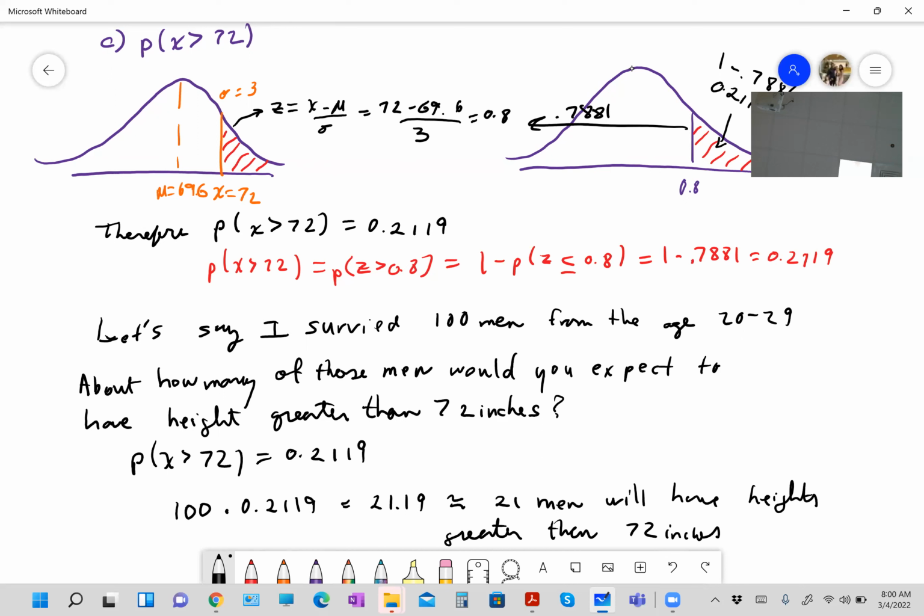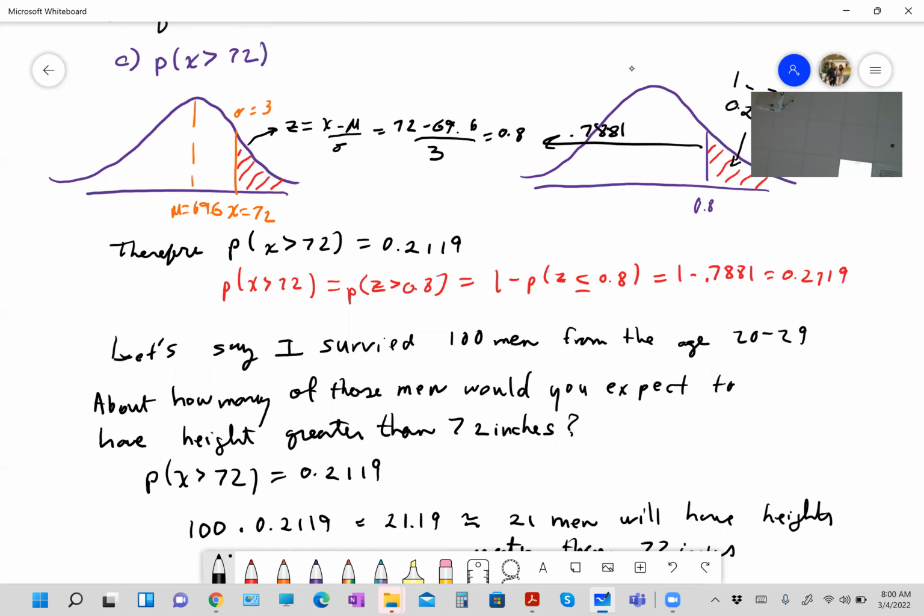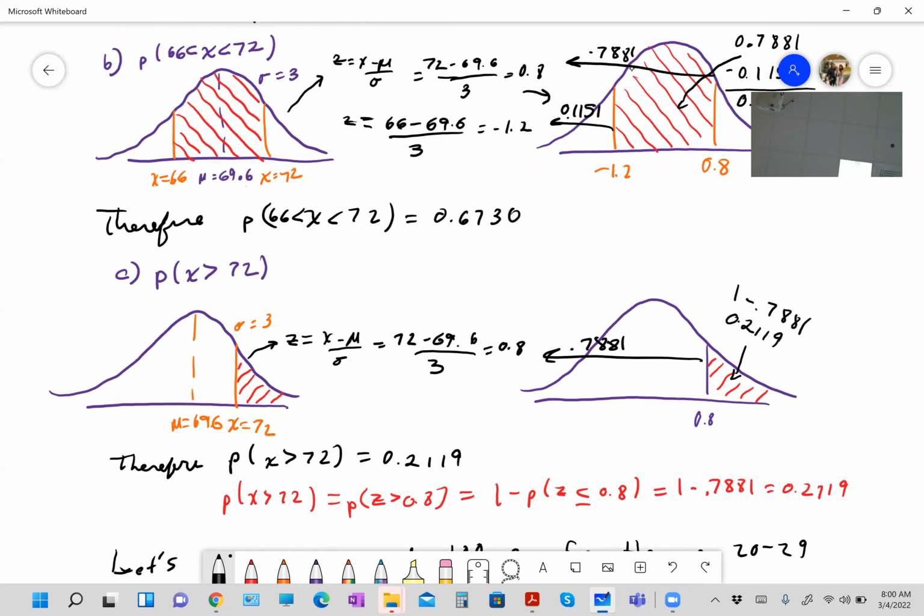Now, if there were 123 men, it's 123 times 0.2119. And similarly, if I ask you how many of the men will be between the heights of, part B, let's say, between 72 and 66. 66 is my height. 63% of the men will be between 66 and 72.